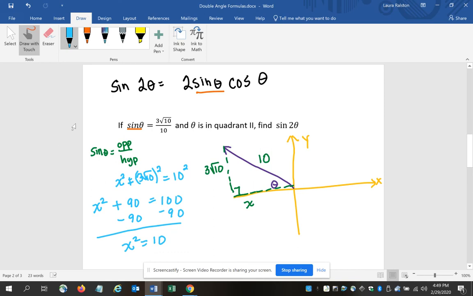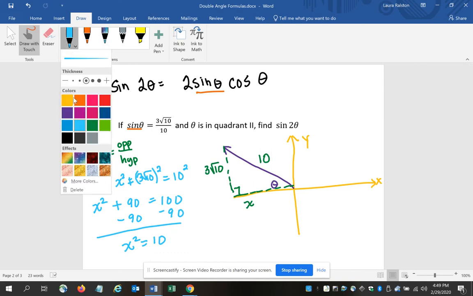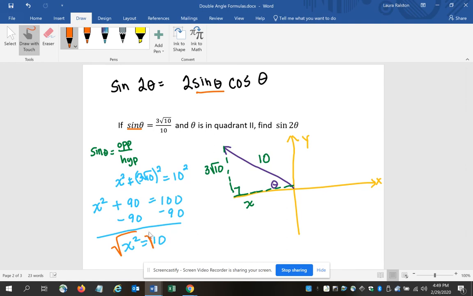When I square root both sides to solve for x, noting it could be positive or negative, x is positive or negative square root 10. Since I'm in quadrant 2, the x value is negative square root 10.